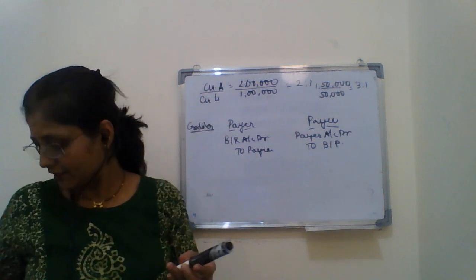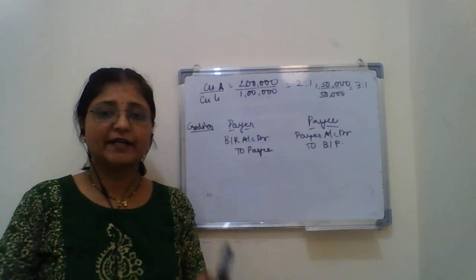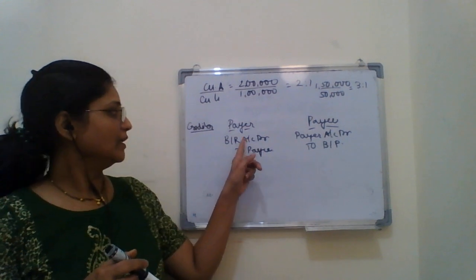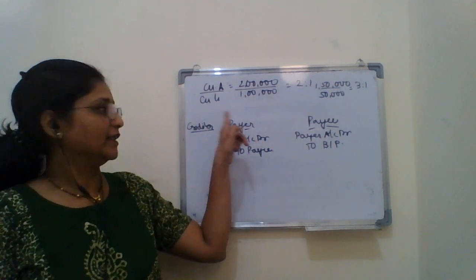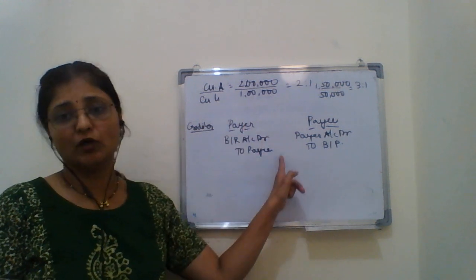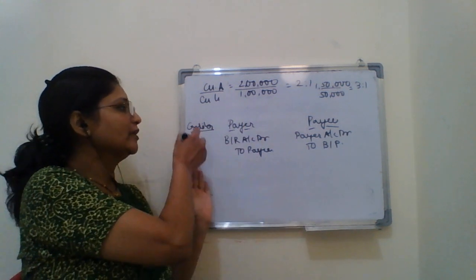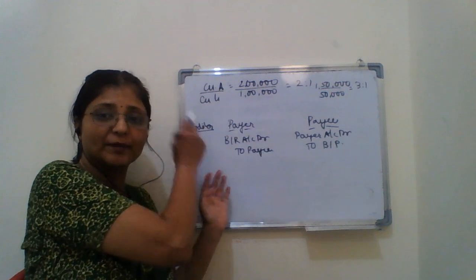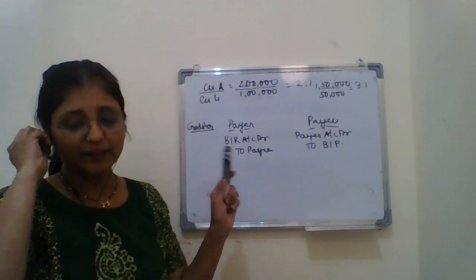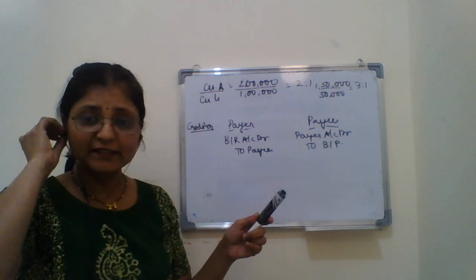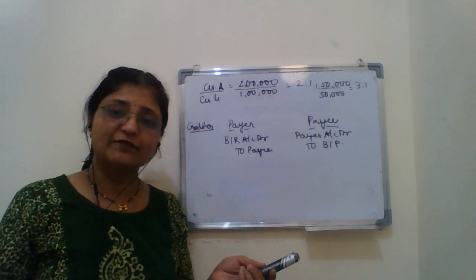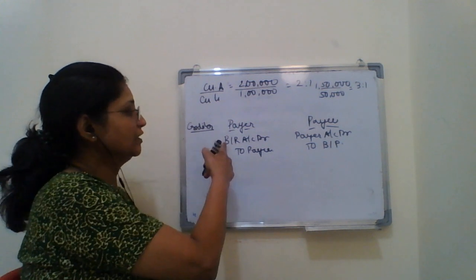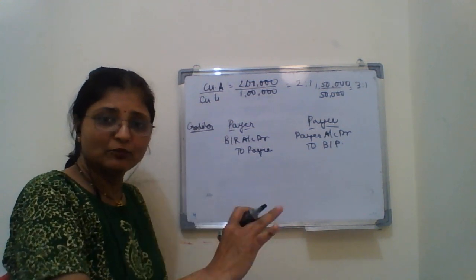So what he is doing, the idea is, he is endorsing that bill in favor of the creditor so that the payer will pay to the creditor directly. Now he is not involved. Anyways, he has to pay to him, so he asked the payer to pay to him. So he has endorsed the bill. So what entry will he pass? This is just an entry of endorsing that bills receivable in favor of the creditor. So now this bills receivable has to be removed from his books.